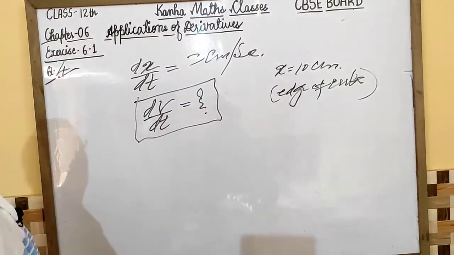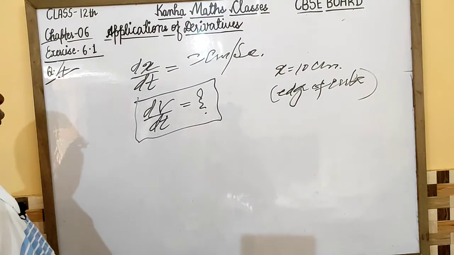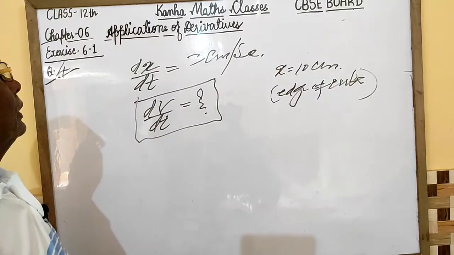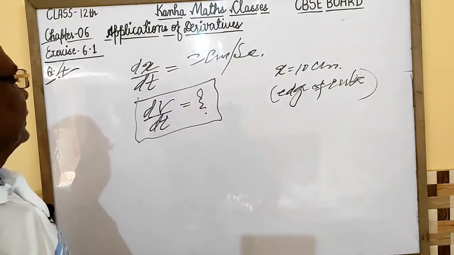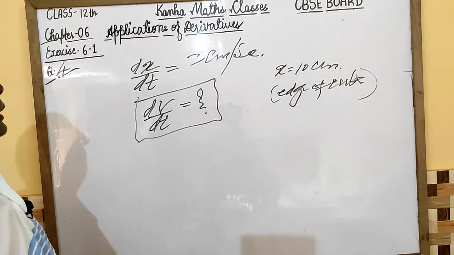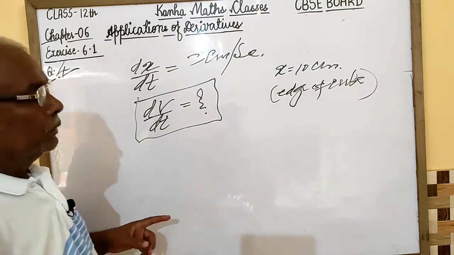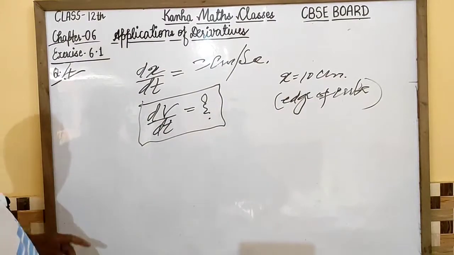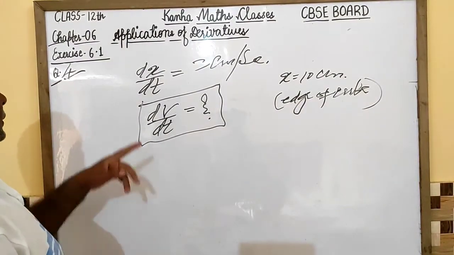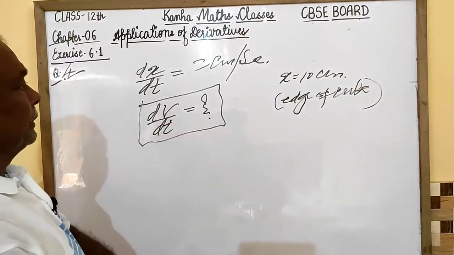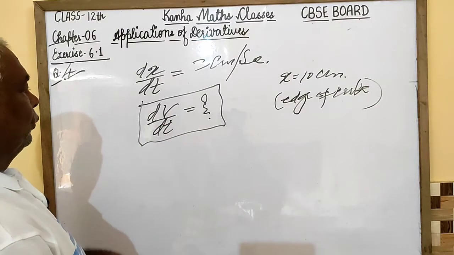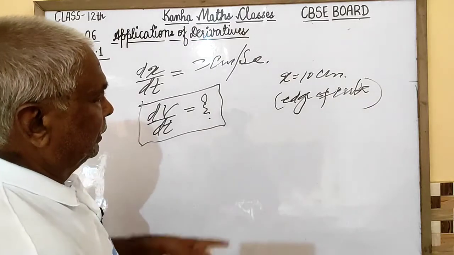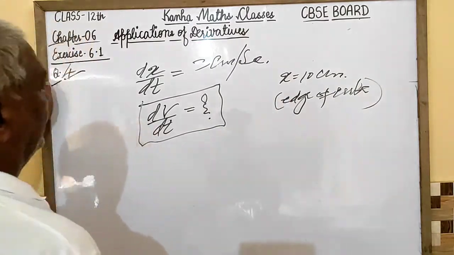Now in the question number 4, we have given dx by dt is equal to 3 centimeter per second, and you have to find out dV by dt while the edge of cube is given x is equal to 10 centimeter.